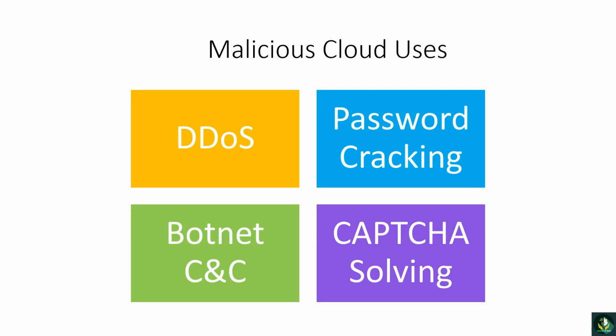For example, cloud resources are enormously effective at mounting DDoS attacks. If you can go in there and spin up as many resources as you like, as fast as you like, that is enormously useful for flooding a target with malicious traffic. You can spin up a bunch of machines in one go, and tell them all to target a particular resource.